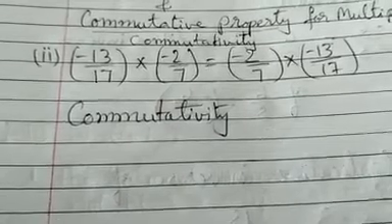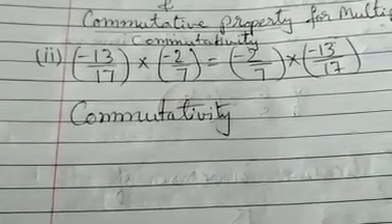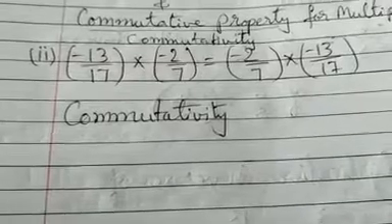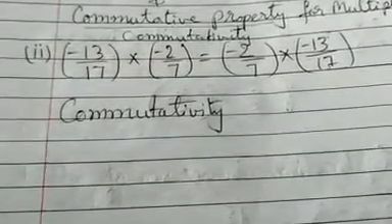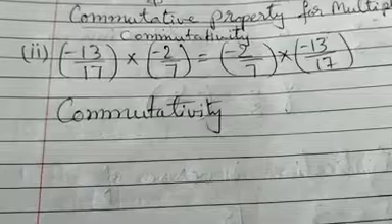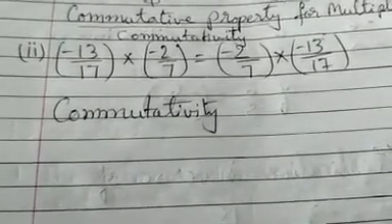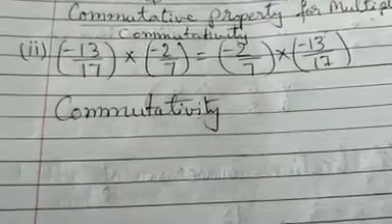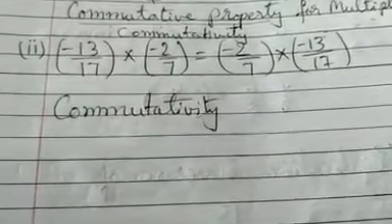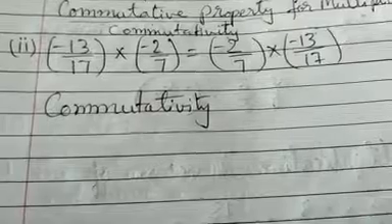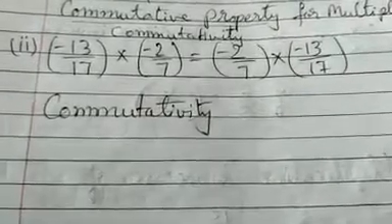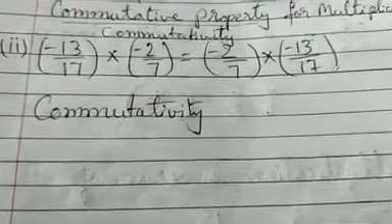In the first case, negative 13 by 17 is taken first and then minus 2 by 7. And in the right hand side you can see the order is changed, minus 2 by 7 is taken first and then comes minus 13 by 17. So it is commutativity for multiplication of rational numbers.